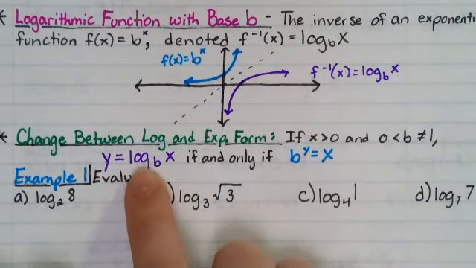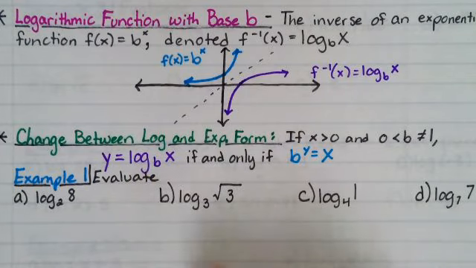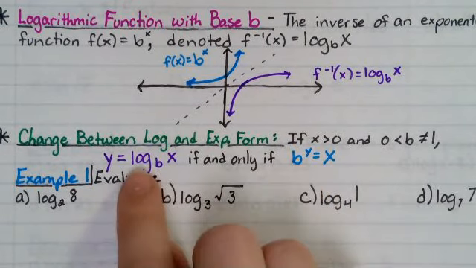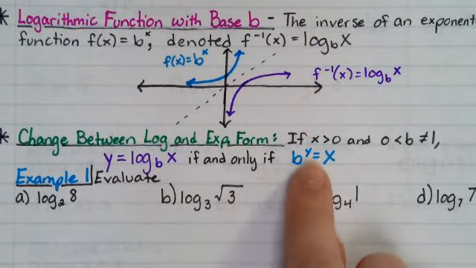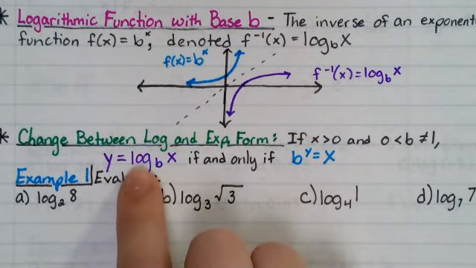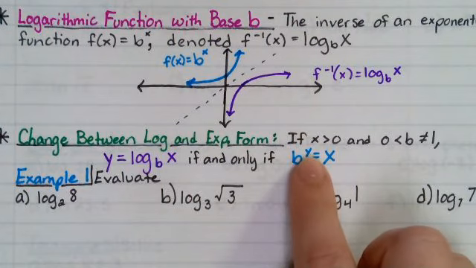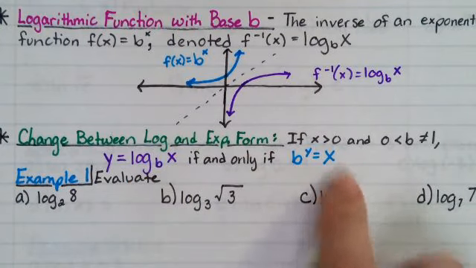If I read this log out loud, it says log base b of x. As an exponential, the base of that logarithm is the base of the exponential. Another important feature: logarithms really are calculating the exponent of that exponential. So the log is equal to the exponent of your exponential. You also are taking the logarithm of something, log base b of x, and x is what goes on the other side.